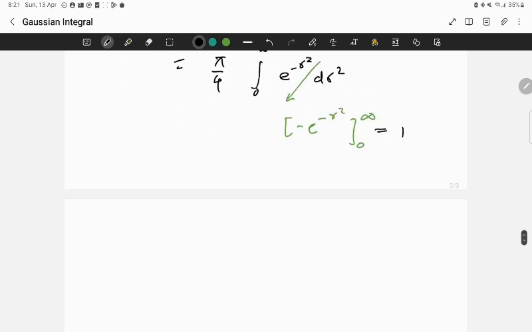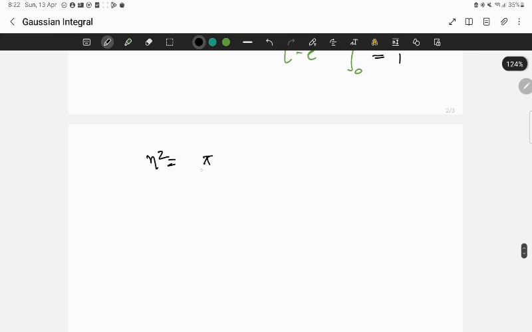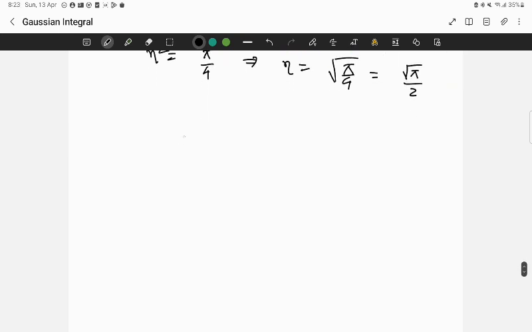So now we have the value that eta squared is equal to pi by 4, which implies that eta is the square root of pi by 4, or the square root of pi over 2. Which means that our original integral, from 0 to infinity of e to the power of minus x squared dx, is just the square root of pi by 2.